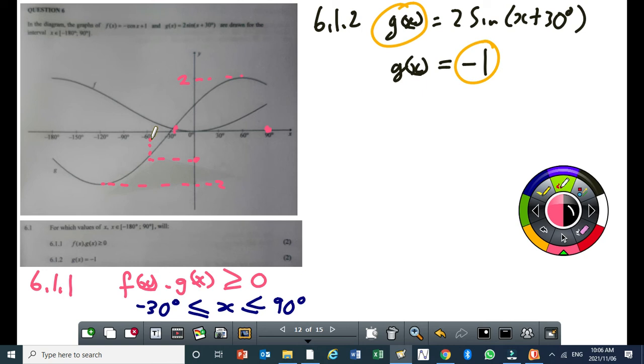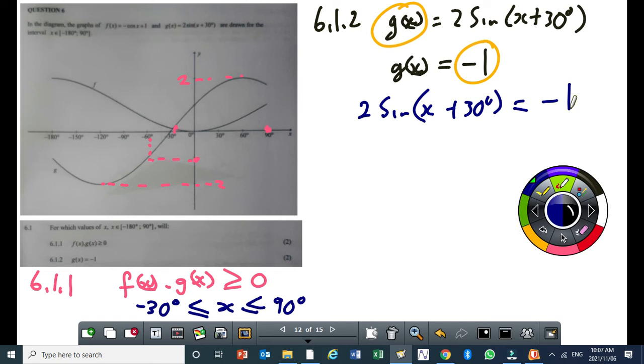But let's prove that by solving that equation as a second method. The question could be answered using the graph, that will take you a few seconds, or solving the trig equation. So we could write 2 sine (x plus 30 degrees) is equal to -1. Do you know what grade that equation is? It's a grade 10 trig equation.